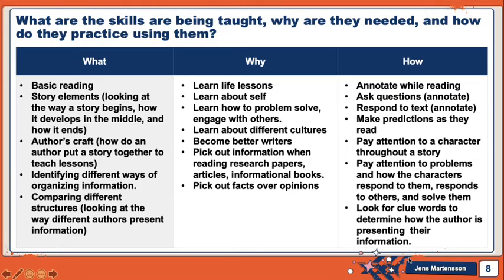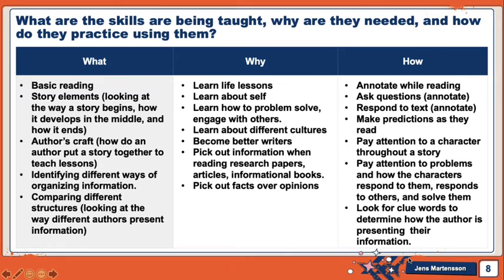Pay attention to a character throughout a story, noting how they feel, what they say, what they're thinking, their actions throughout, constantly taking notes on that. Pay attention to problems within a story and how the character responds to them, responds to others, and how they solve them.